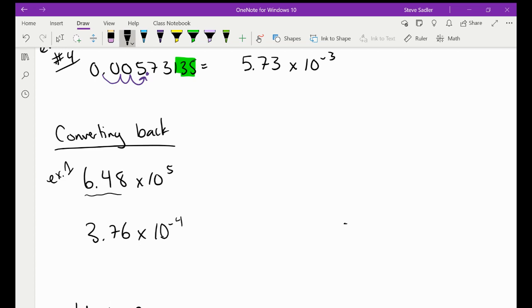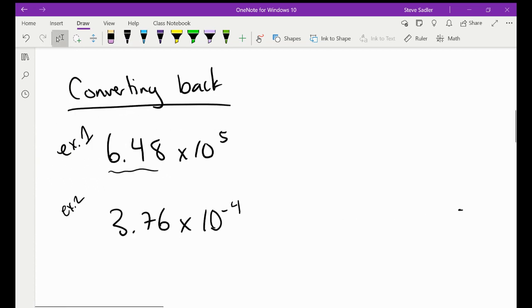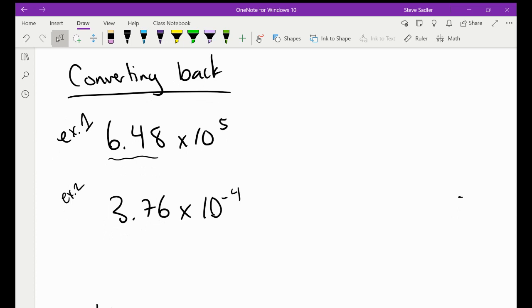10 to the negative, let's do 4, maybe. So let's convert back. So we have example 1, example 2. I really want to zoom in a little bit so I don't write on the bottom there. So we have 6.48 times 10 to the 5. We know that's going to be a large number, or larger anyways than 6.48.